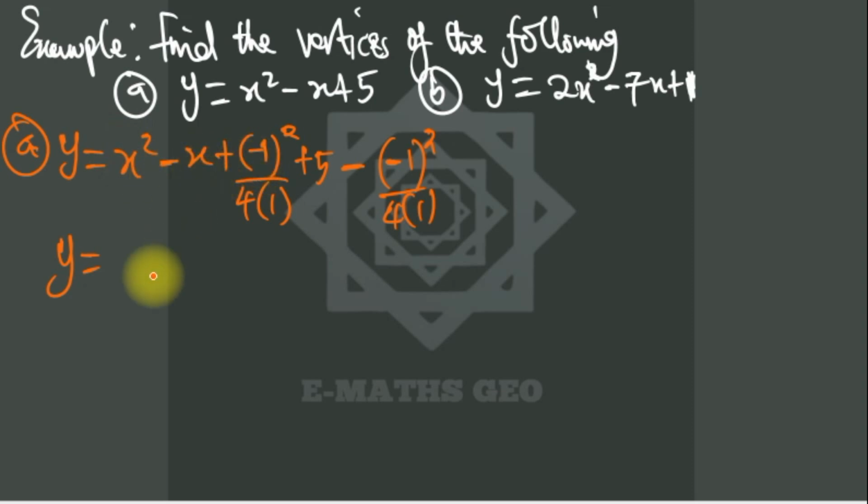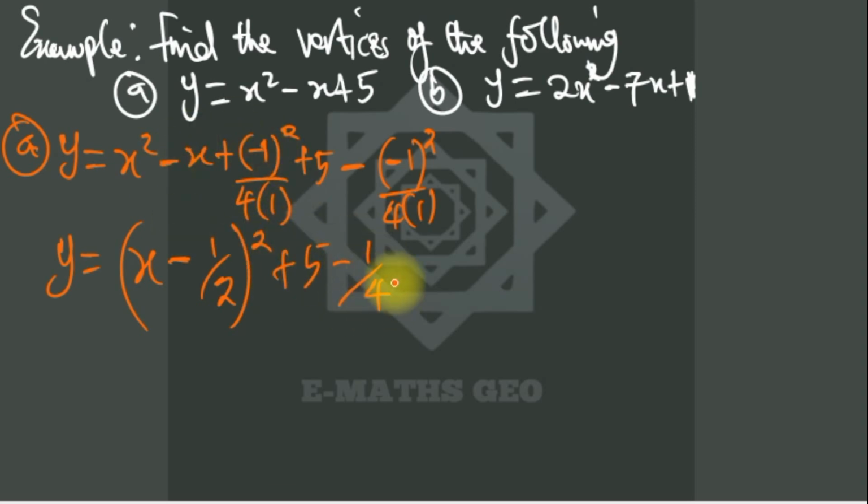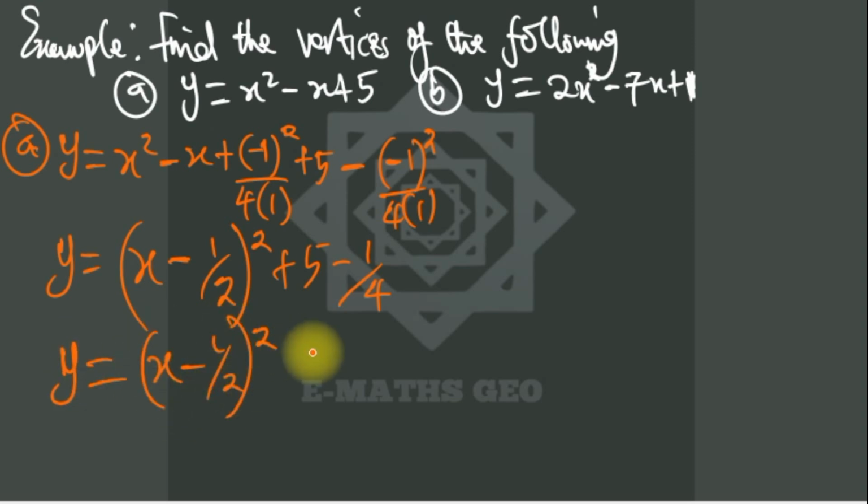The result will now be the square root of x squared, which is x, and the square root of 1 over 4, which is 1 over 2. Remember, it should be minus because minus is here, so (x minus 1 over 2) all squared, plus 5 minus 1 over 4. So our answer is (x minus 1 over 2) all squared plus 19 over 4.